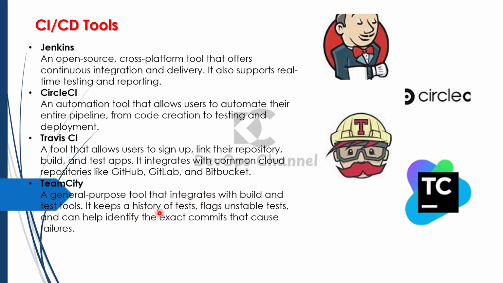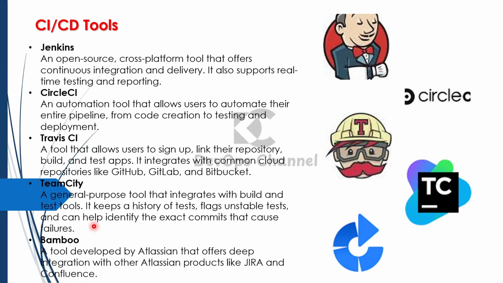It keeps a history of tests, flags unstable tests, and can help identify the exact commits that cause failures, so it's good for monitoring too. Next is Bamboo, a tool developed by Atlassian that offers deep integration with other Atlassian products like Jira and Confluence. I am hoping you are clear with these most popular tools for CI/CD pipelines.